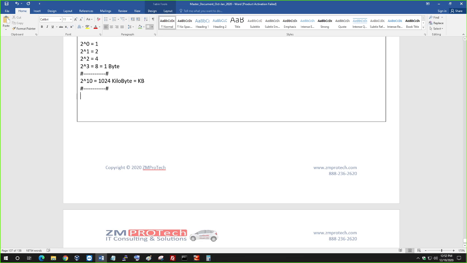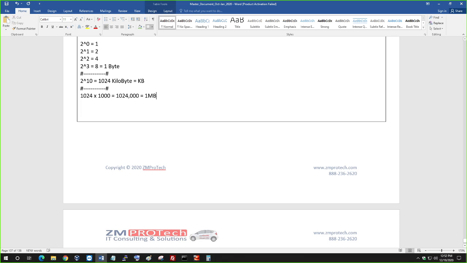So 1024 times 1000 equals... 1024 equals a megabyte. 1 MB.